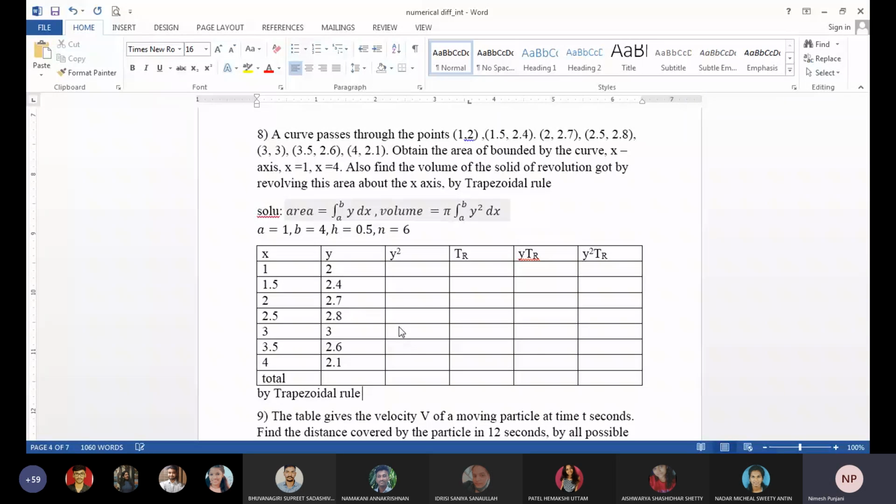If anyone has any questions related to this sum, you can ask. Not a problem.